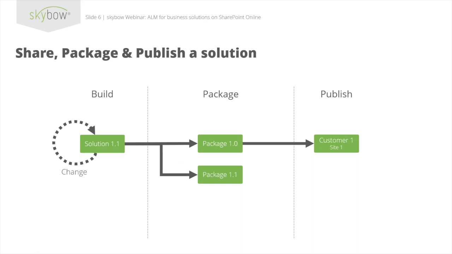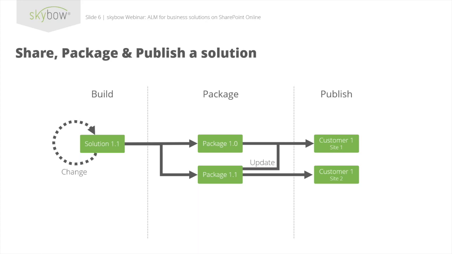With only a couple of clicks, we will see that later on, we can create an additional package version, for example version 1.1. Now we have several options. We can update an existing solution on customer 1, site 1, or we can take this new package and deploy it on another site on customer 1, or completely on a new customer.